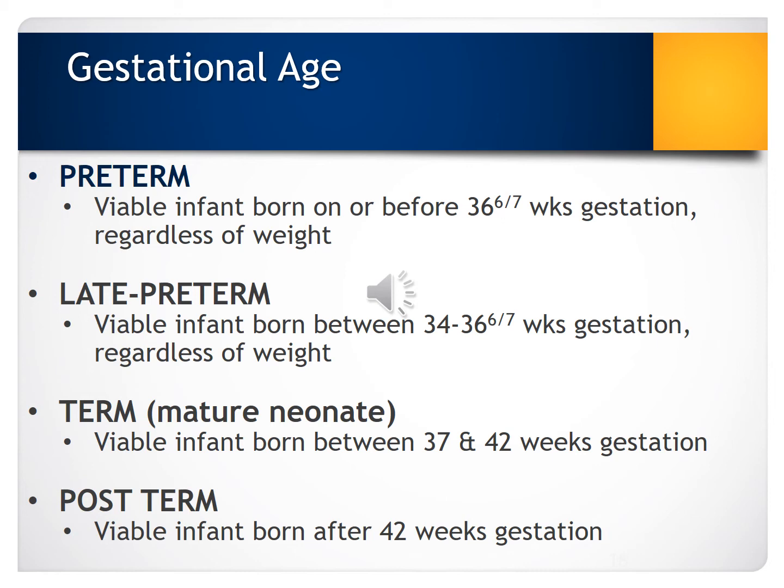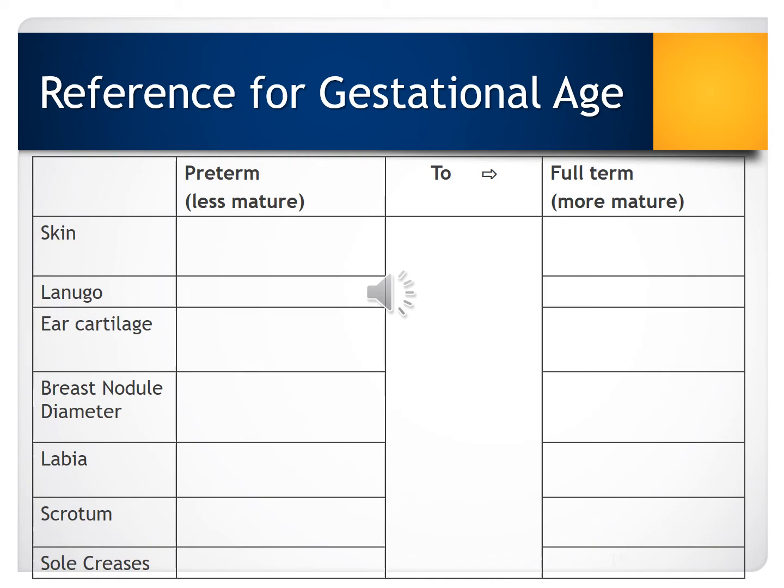And it's important to know these terms, because when you're doing an assessment for gestational age, there are certain characteristics that distinguish preterm from term babies, and we'll talk about that on the next slide. So there's various types of scales to assess gestational age. One in particular is a Ballard scale that you have in your text.